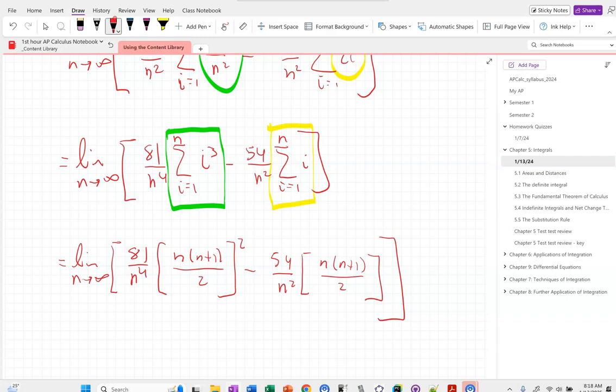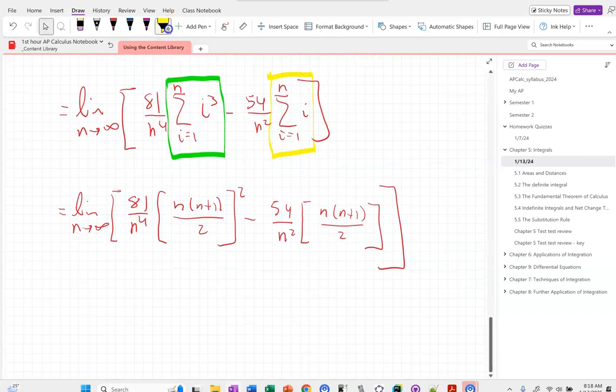So now we've gotten rid of all the summations, right? Now we can start working on the limit piece.